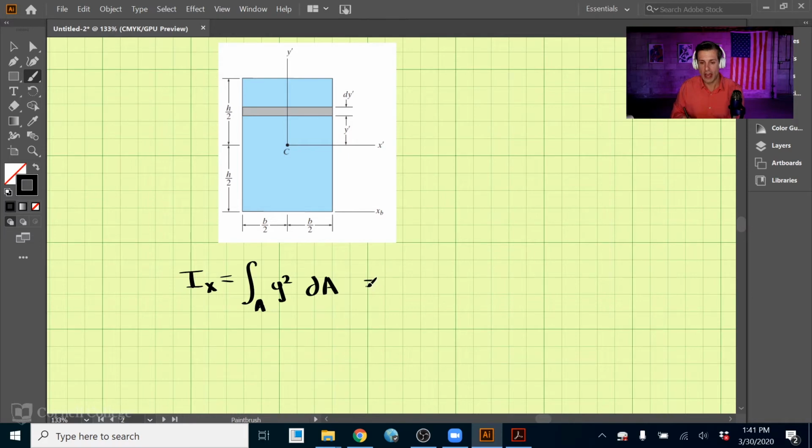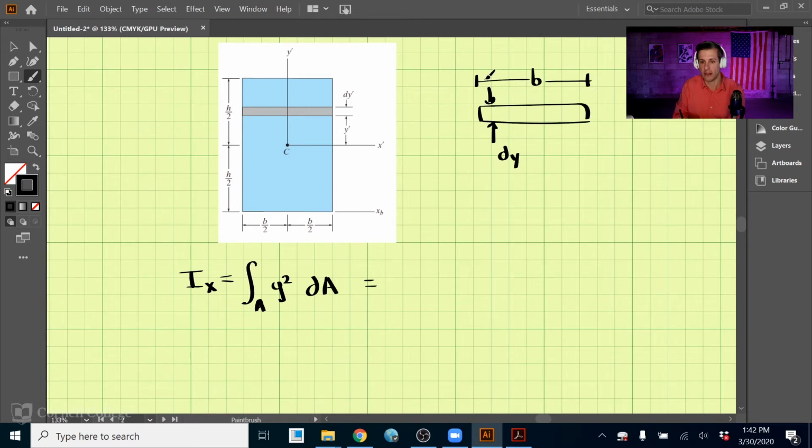So what we have here is our differential element. You can think of this as dA, just a small bit, the d meaning small bit of A. And the height of this rectangle is dy, right? And the width of this rectangle is, if this is b over 2 and this is b over 2, the width of that is b, right?